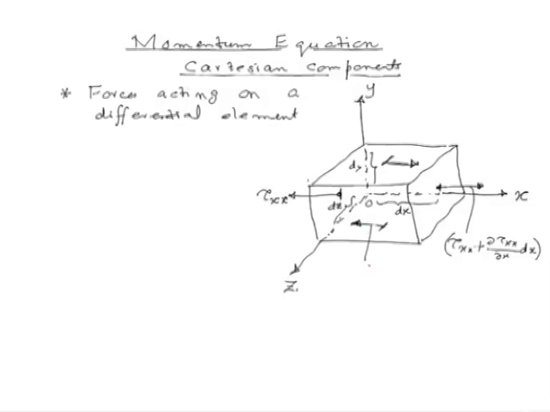This component is tau y x, and this tau y x component on the positive y face is given by tau y x plus del tau y x over del y dy.